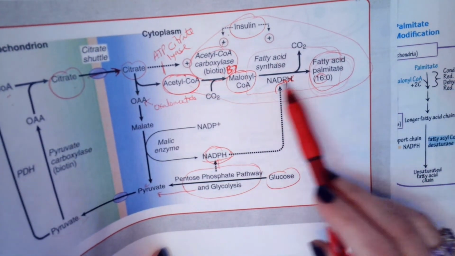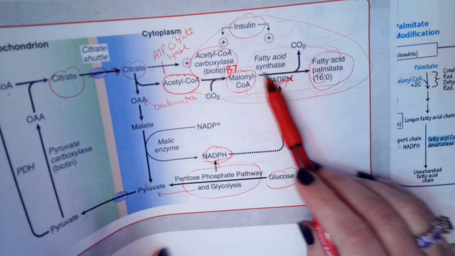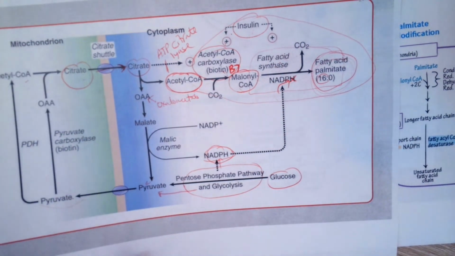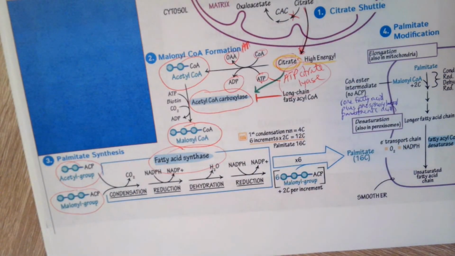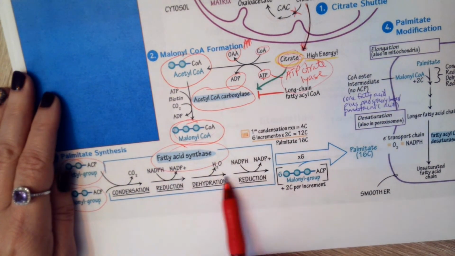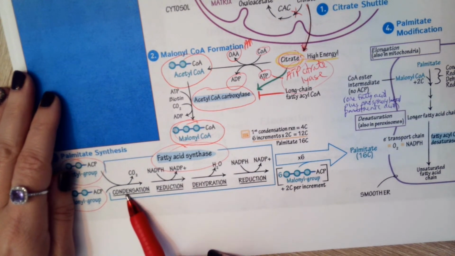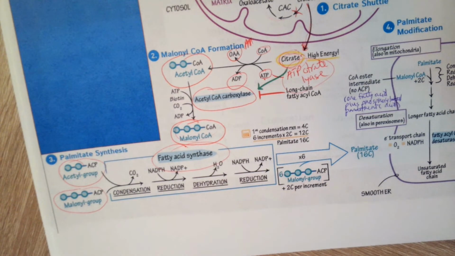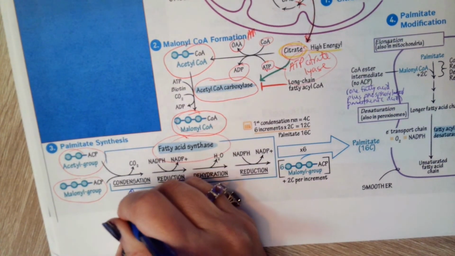And this enzyme, fatty acid synthase, which is also stimulated by insulin when you're in the fed state. And of course, we need our malonyl CoA in order for this to start happening. And we have these 4 steps here. We have condensation. I'm going to switch to a different color here so it doesn't get confusing. Condensation is when we add water to a molecule.